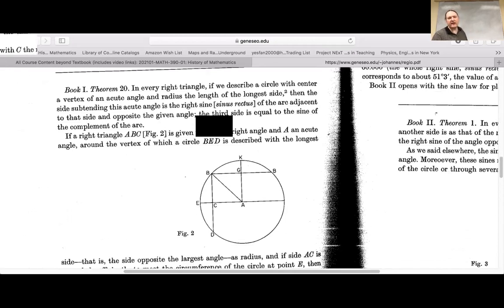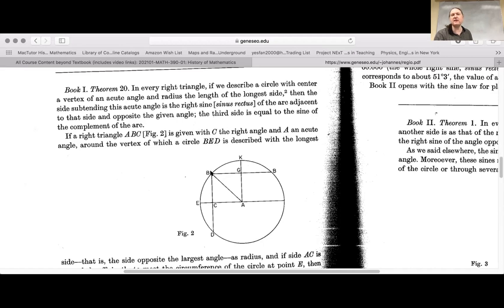In every right triangle, if we describe a circle with center a vertex of an angle, and a radius the length of the longest side, then the side subtending this acute angle is the right sine. All right, so in this triangle, if we have some acute angle, let's say this one here, then the side subtending that angle is the sine.